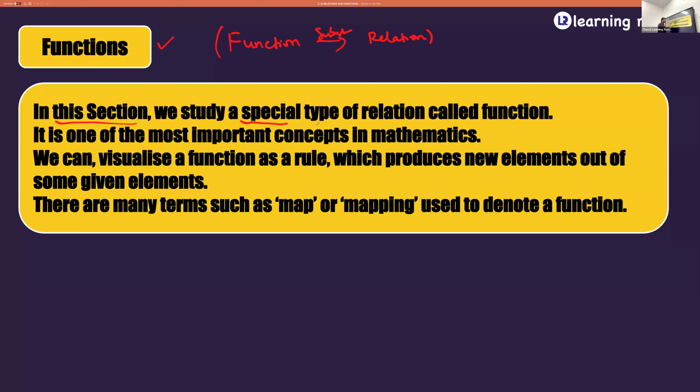We are going to study this special type of relation called a function, and as I told you, it is one of the most important concepts of mathematics. We can visualize a function as a rule which produces new elements out of some given elements, for which we will be seeing certain terms like mapping. This is the grammar that we are going to use for functions.